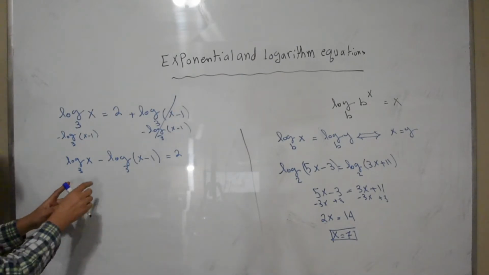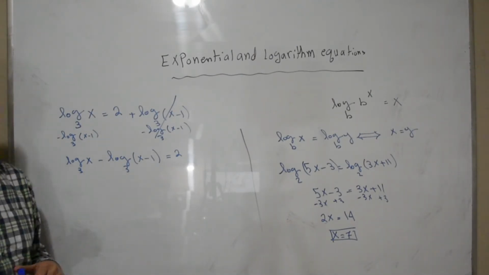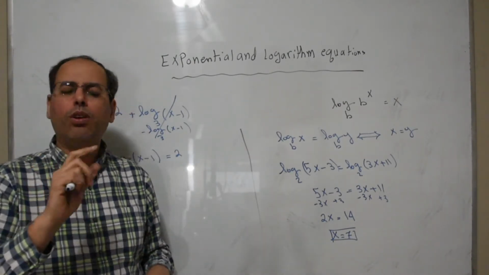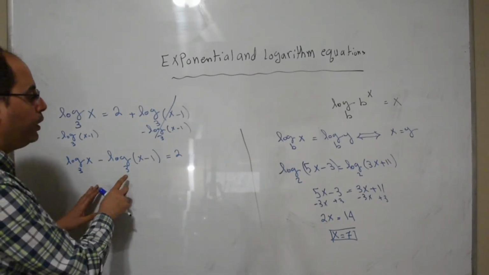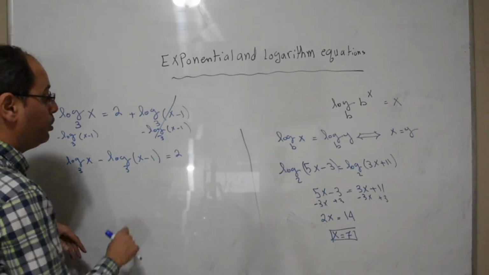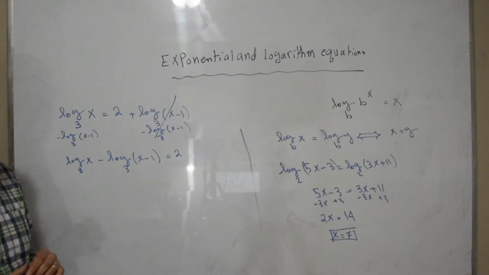Does that look familiar to you? Difference between two logs. Can we combine them in one log? Yes. Why do I need that? Because with this, I can convert to exponential form and evaluate it in terms of 2. But without that, I can't fix this problem.